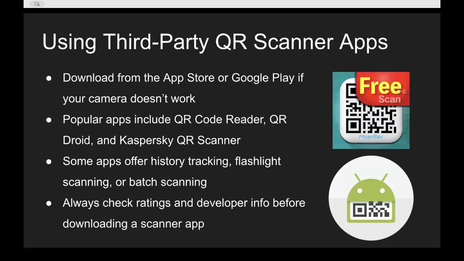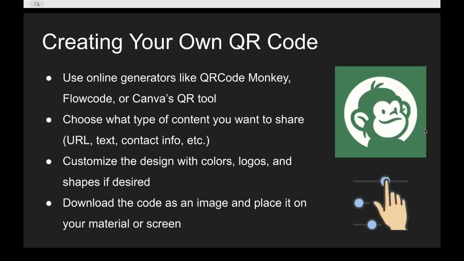Flashlight scanning can be useful if the QR code is in a dark room, as it helps you see the QR code better. And always check ratings and developer info before downloading a scanner app, as some may not work as well compared to others.